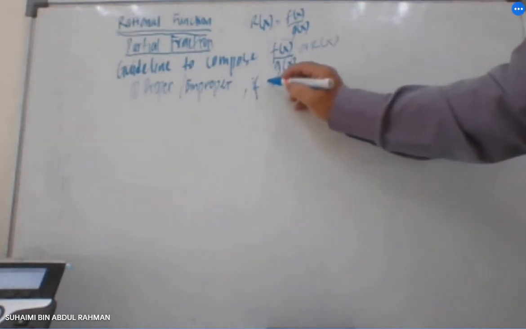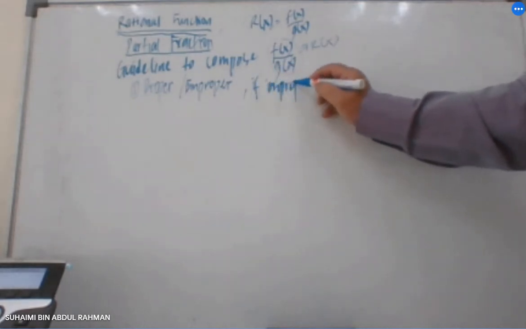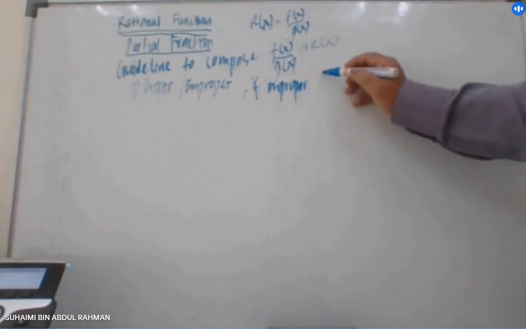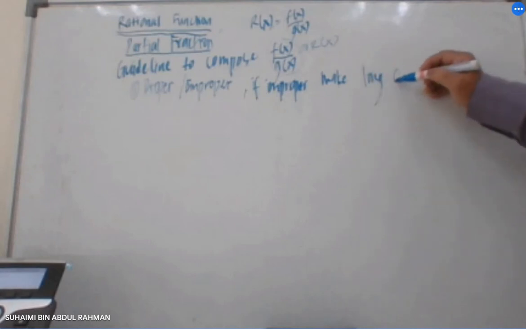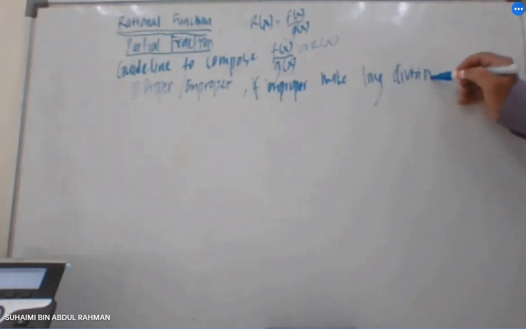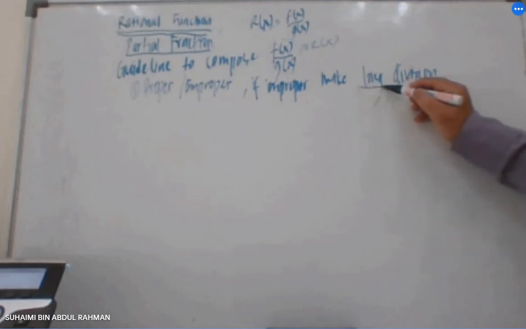If improper, we have to make long divisions to make a proper rational function plus one real number. So remember that long divisions we only apply for the case that our rational function is improper. If it is already proper, no need to do long divisions.